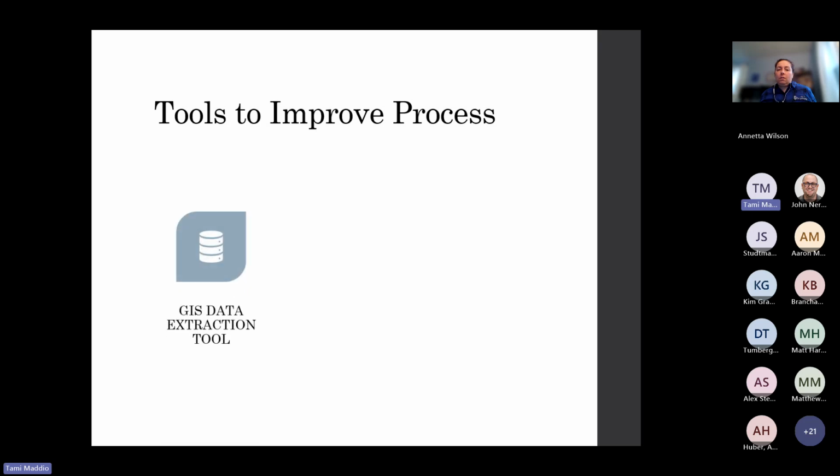So some of the tools I see to improve this process would be some GIS extraction tools, which we do use, and they need some updating, but that helps us when we're clipping out data and removing attributes.